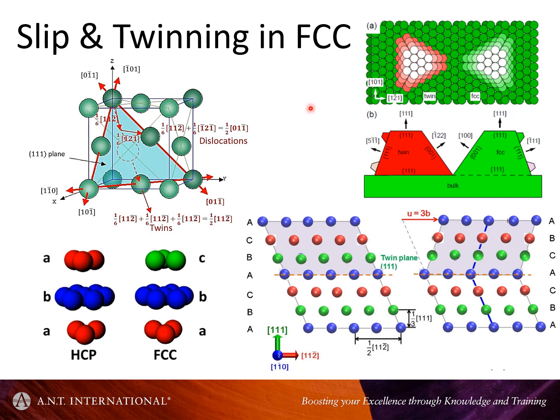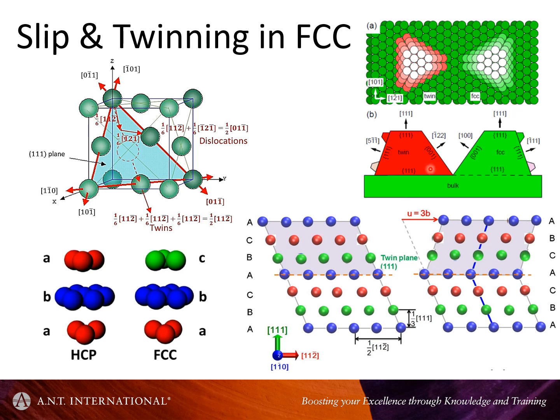This is by some French guys, Bleikampf et al. I forgot to put the reference here, but anyway, this shows the orientation, if you look at it in terms of a ball model, of a twin structure relative to the original matrix structure. And there's some relationship between these planes.